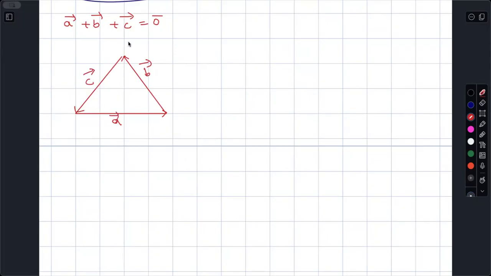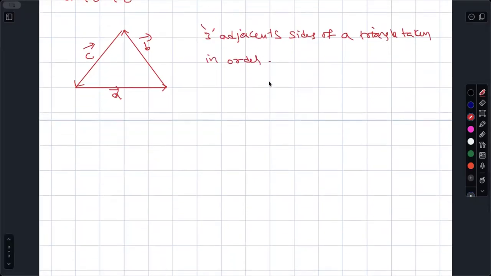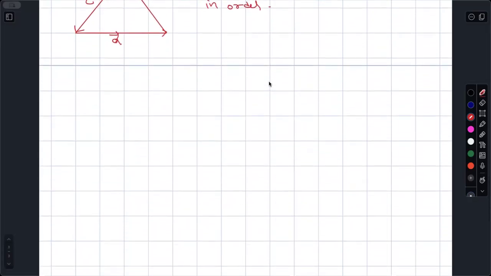So you can represent these three vectors with the three adjacent sides of a triangle, taken in order. That's it. And if it is more than three sides, we will use polygon law of vectors. That I will discuss later.